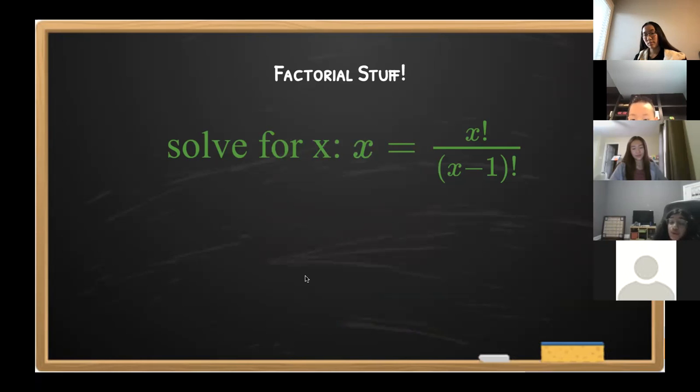Would 2 work? Let's test it out. Currently our equation is x equals x factorial over (x minus 1) factorial, so with 2 it's 2 factorial over 1 factorial, because 2 minus 1 is 1.